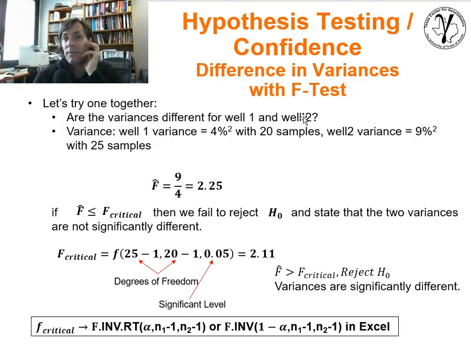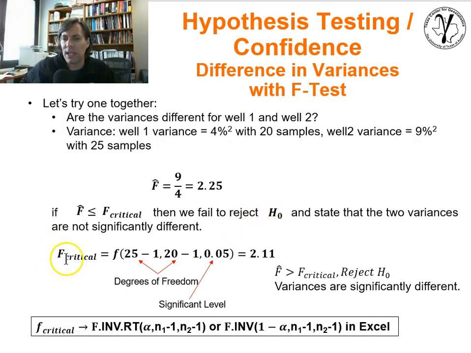The F statistic will be 2.25, which is the variance of the larger divided by the variance of the smaller one. Now we want to test to see if our F statistic is less than or equal to the F critical, and if it is, then we fail to reject.